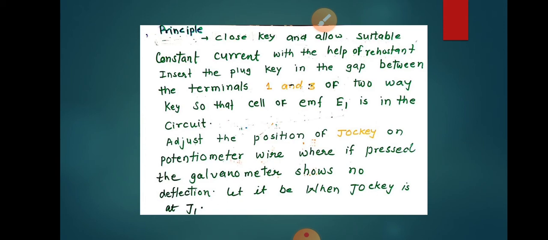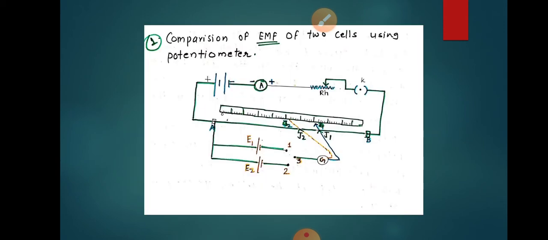Let it be when the jockey is at J1. So at J1, the jockey is touched and the galvanometer shows zero deflection.